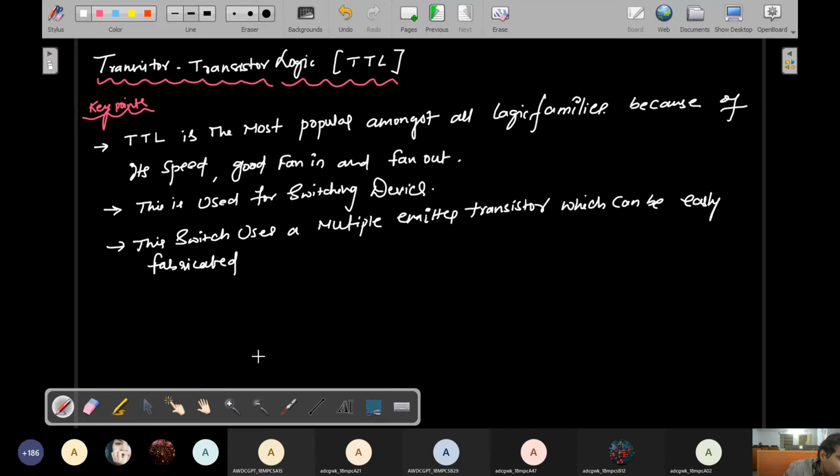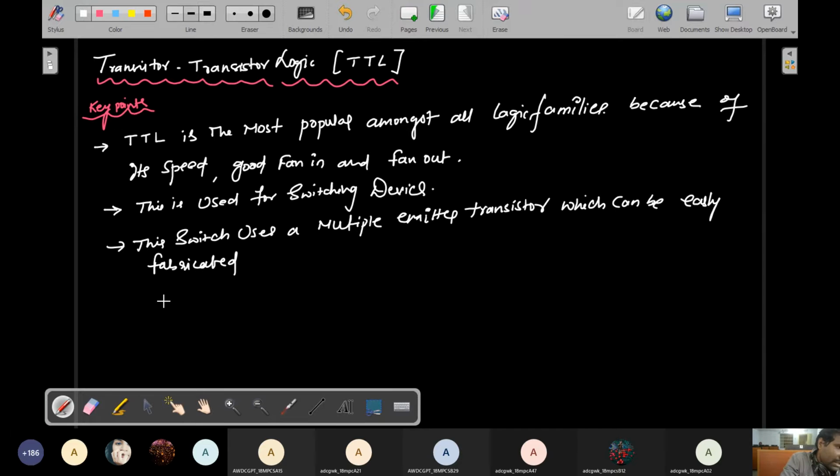In your textbook there is a lot of lengthy and heavy theory on transistor logic, so you can easily understand by clearly observing the logic circuit.